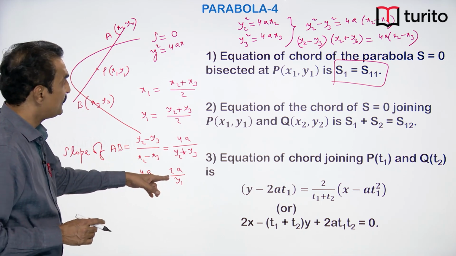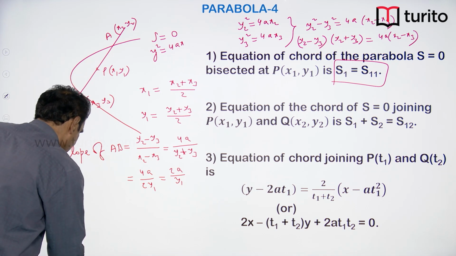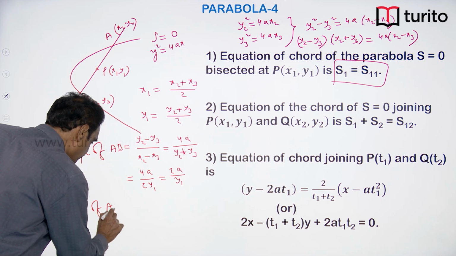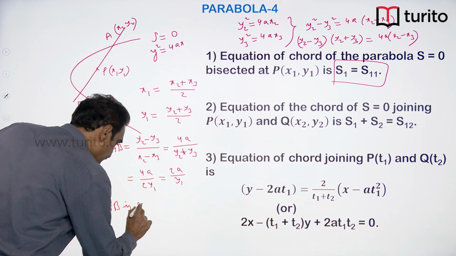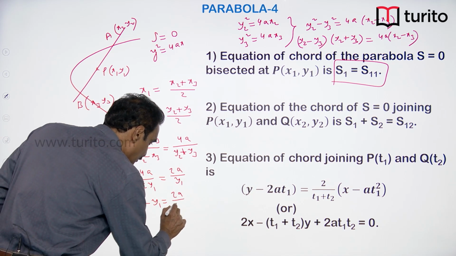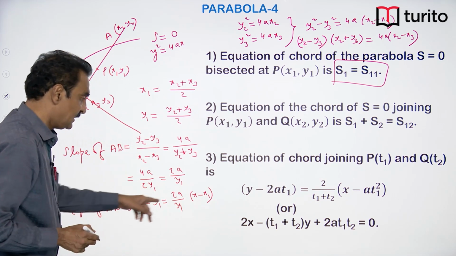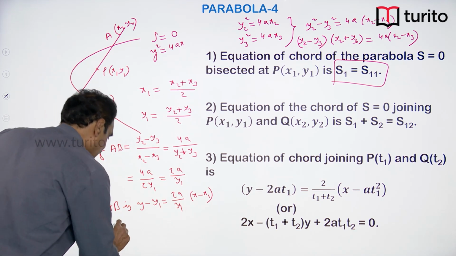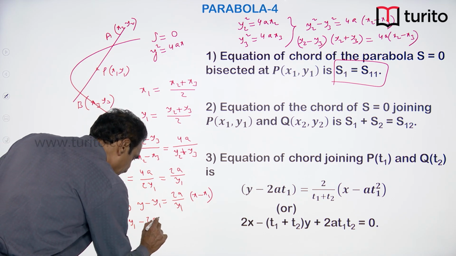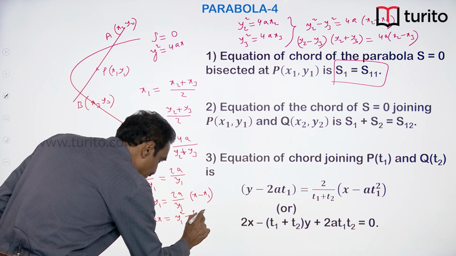Then with this slope and the point, we can write the equation of the chord. The equation of AB is y - y1 = (2a/y1)(x - x1). If you simplify, you will get y·y1 - 2ax = y1^2 - 2ax1.